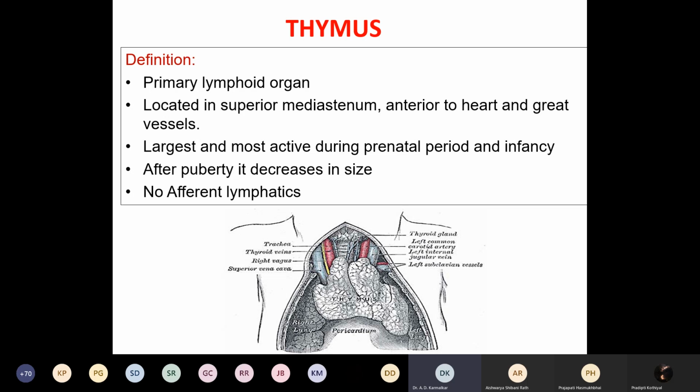It is located in the superior mediastinum, just anterior to the heart and the great vessels, and one of the important things is that it has no afferent lymphatics. Okay, so there are efferent lymphatics, but no afferent lymphatics are present in the thymus. So remember, first line, it is a primary or central lymphoid organ.